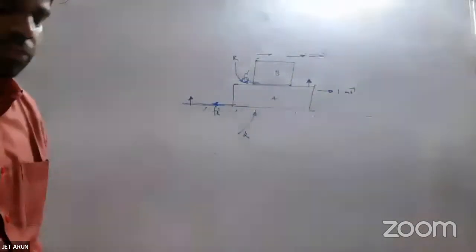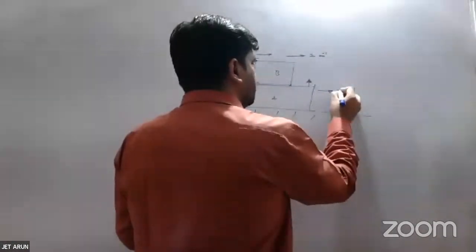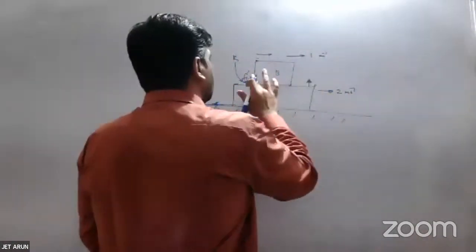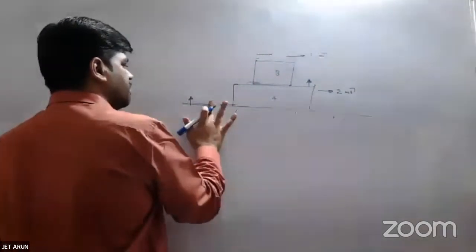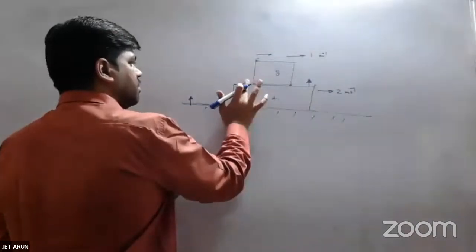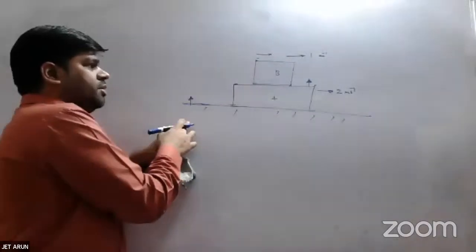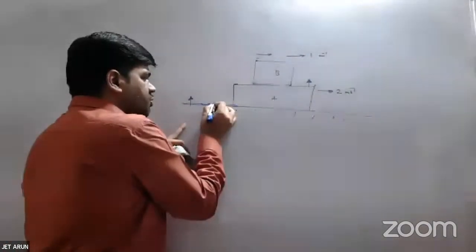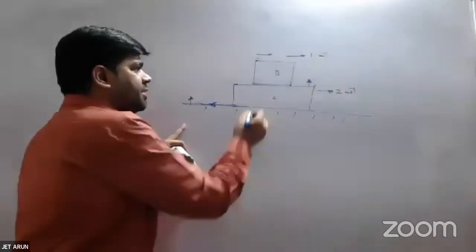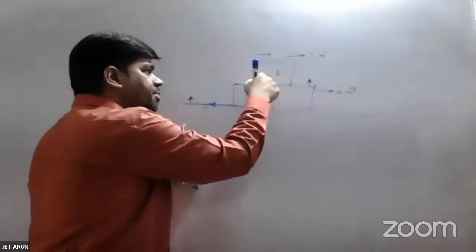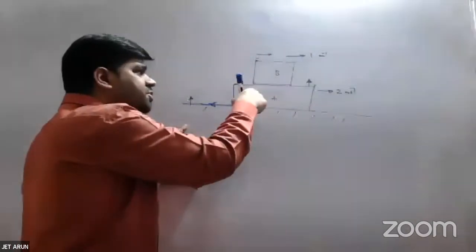All right. Now let us say this is moving with 1 and this is moving with 2. Now I have to decide the direction of kinetic friction. So what I do, I stand on the ground. This is going towards the right, so friction is towards the left. Makes sense. But to decide the direction of friction on B, I will not stand on the ground and decide. I will stand on the surface on which B is moving.